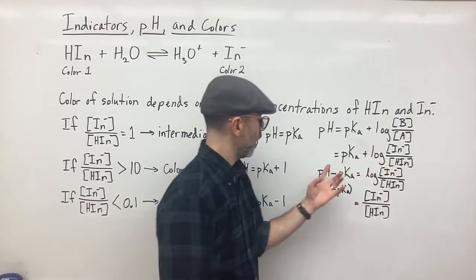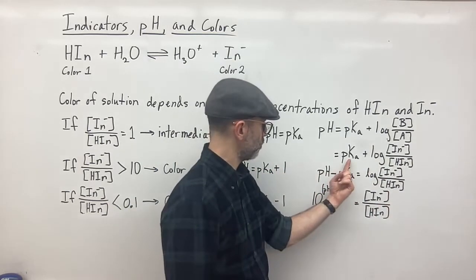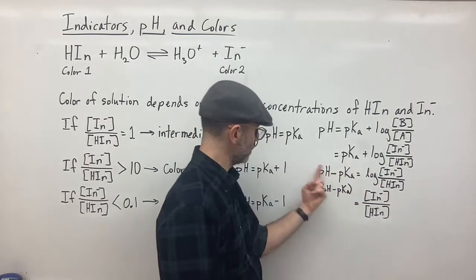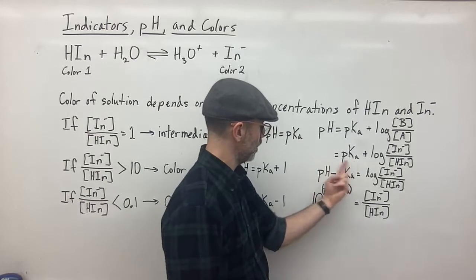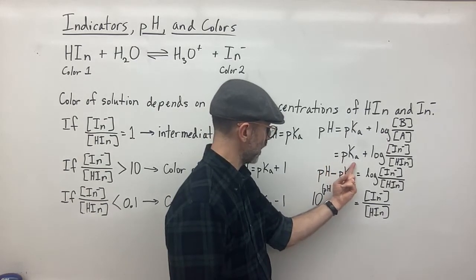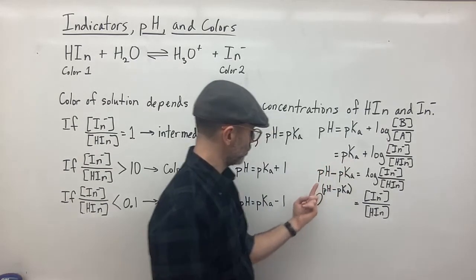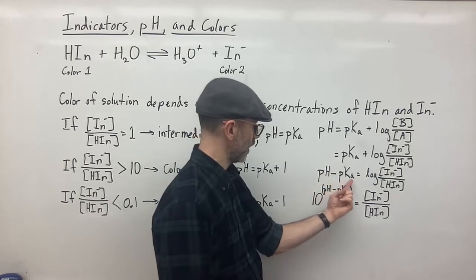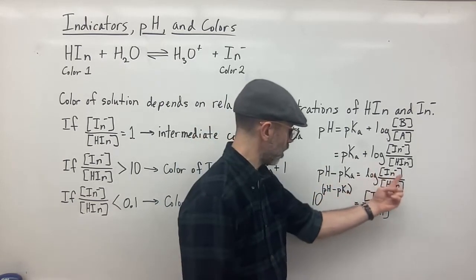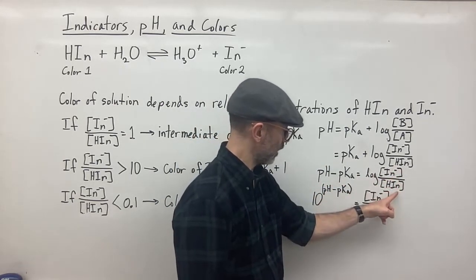And so if we rearrange our equation, if we bring the pKa over to this side, so we subtract the pKa from both sides, and so we get pH minus pKa is equal to the log of the base over the acid.